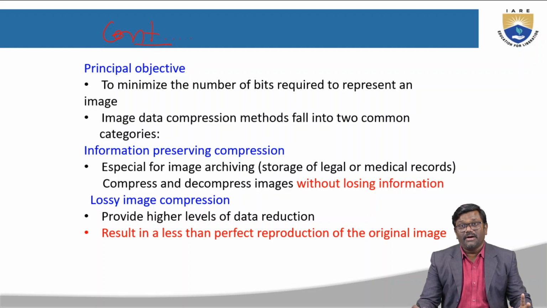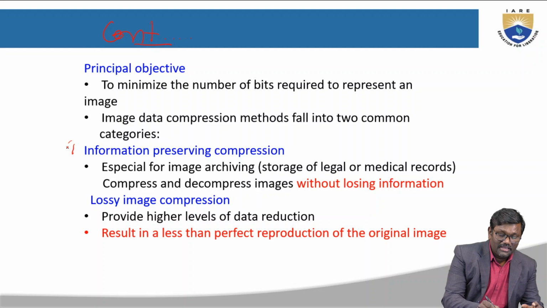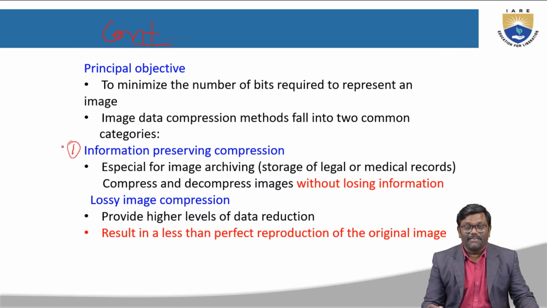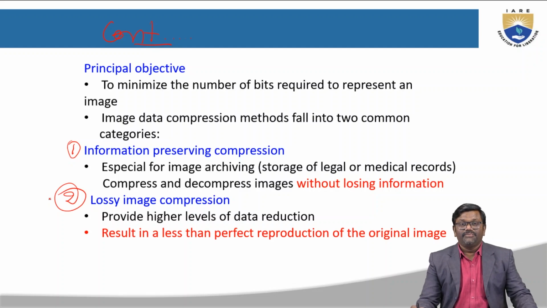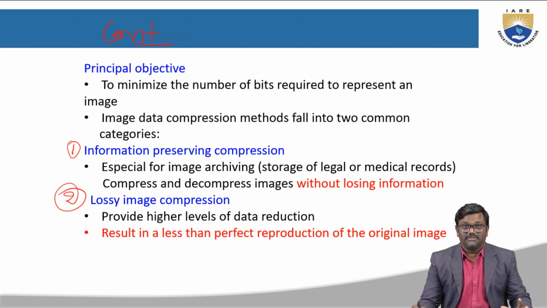What are those two categories? Number one, information preserving compression. Number two, lossy image compression. These are the two categories we use for compressing images, or data compression.